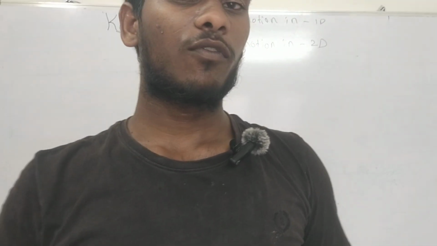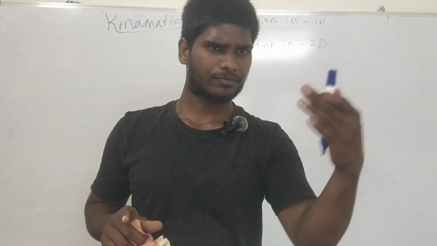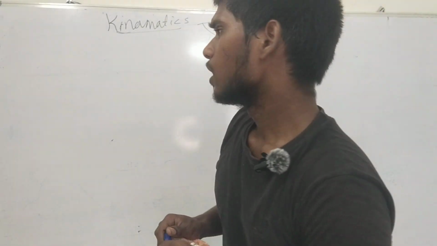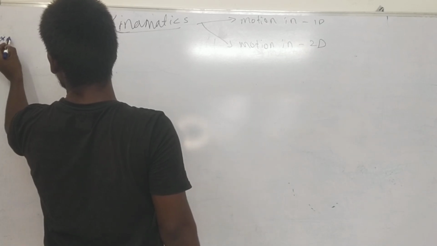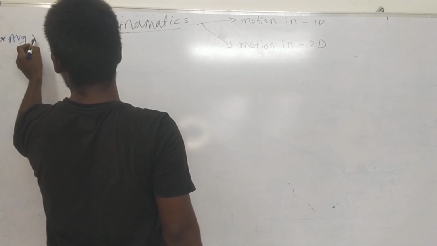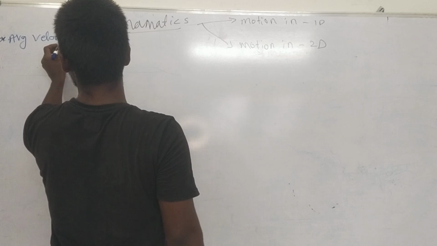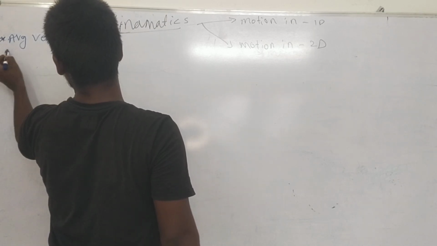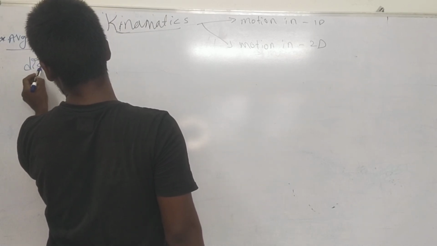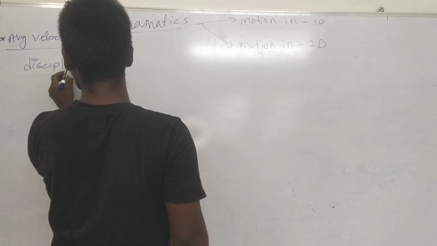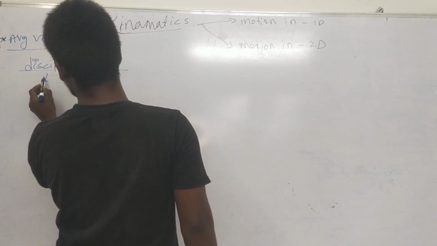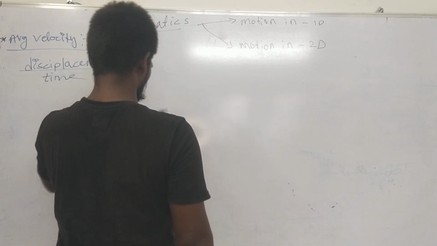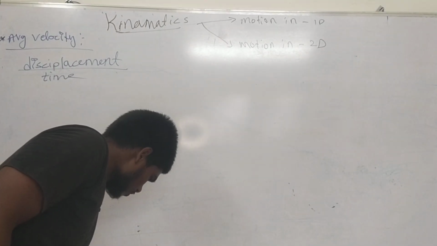The average velocity general formula is total displacement by total time taken.